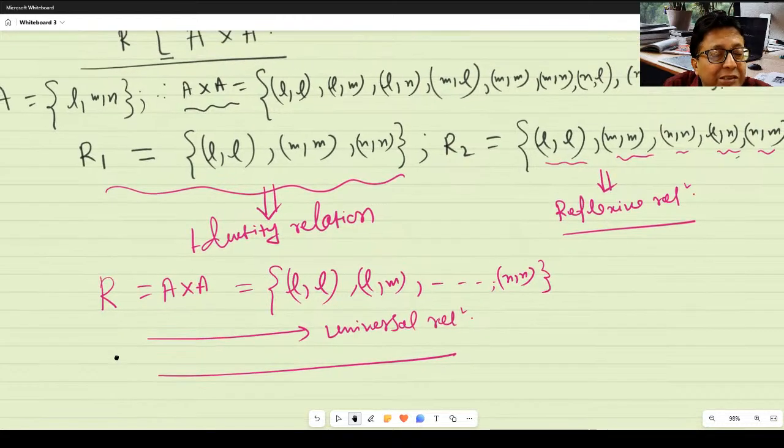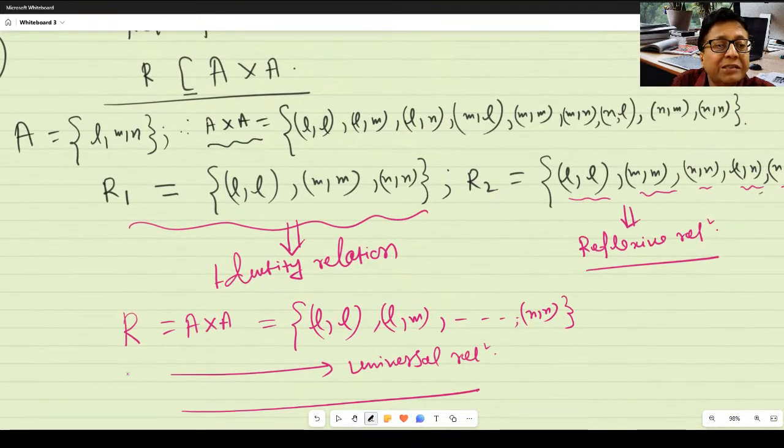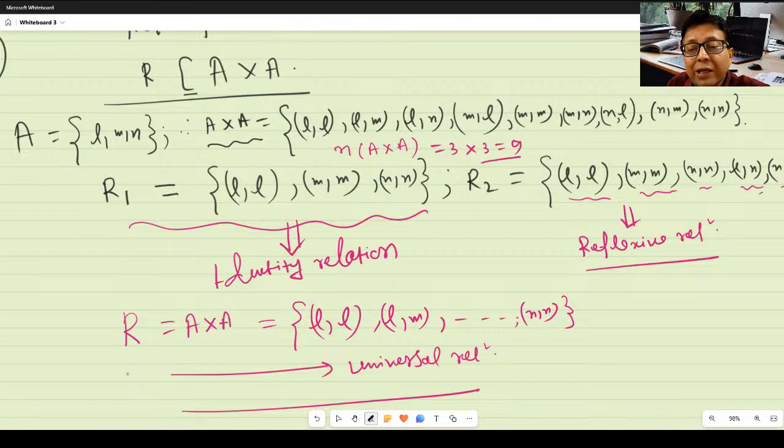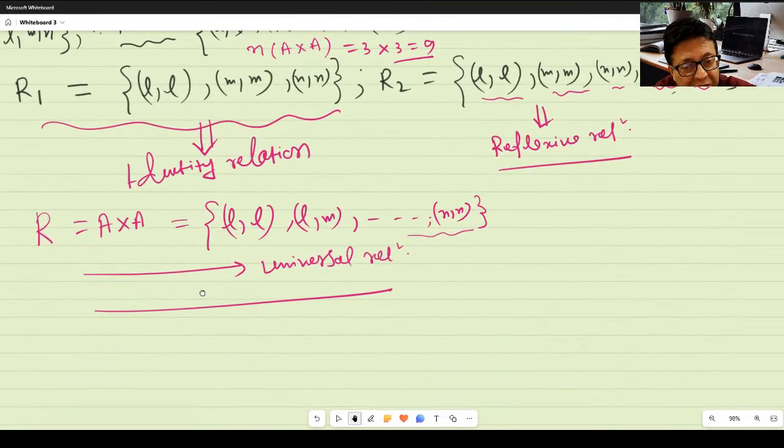Because you can see that the number of elements in A cross A is 3 into 3, that is 9. All those 9 elements are taken here. That's why it is universal relation.